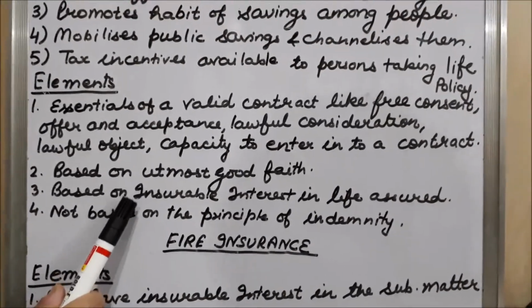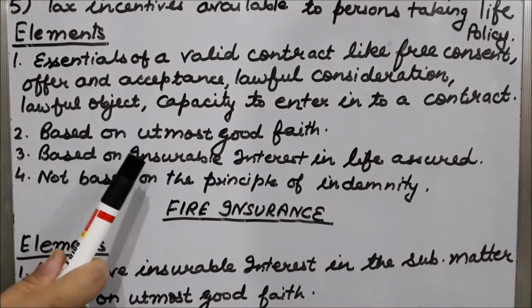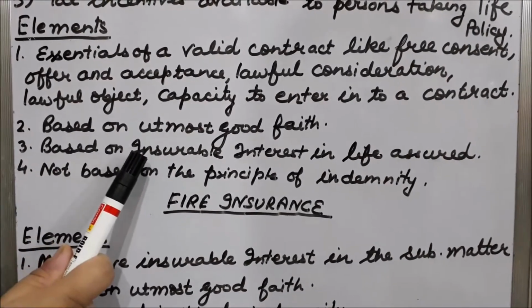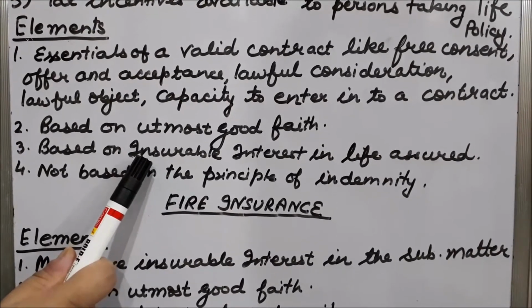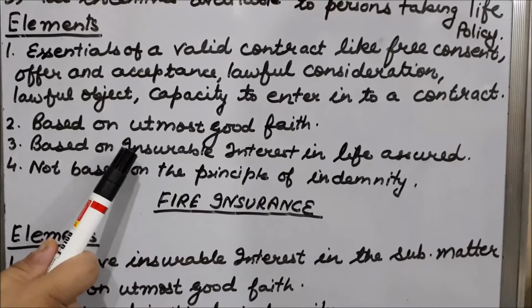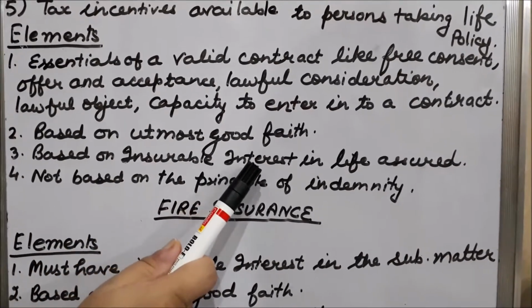And insurable interest must be present at the time of taking the insurance policy. It is not compulsory to be present at the time of maturity of the policy. It must be present at the time of taking the policy.